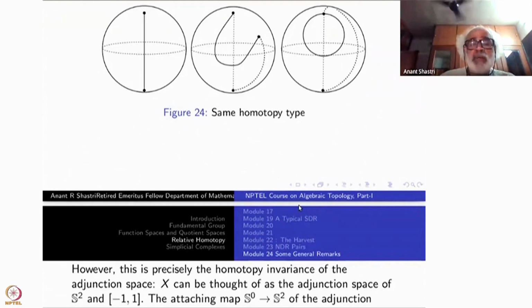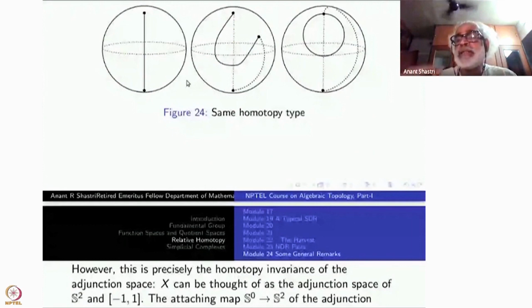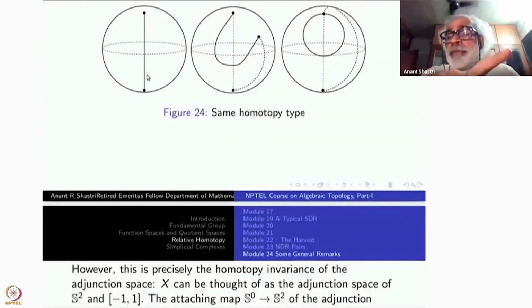Alternatively, you can think of this as an adjunction space. S2 is Y, your Z is the interval I, the diameter. What is X? X is the endpoints. What is F? F takes one endpoint to the south pole, the other endpoint to the north pole.